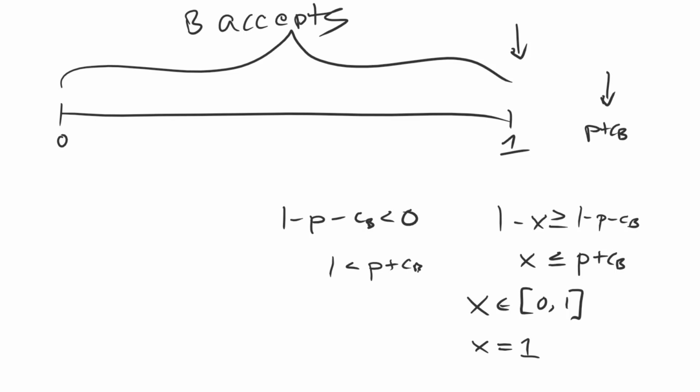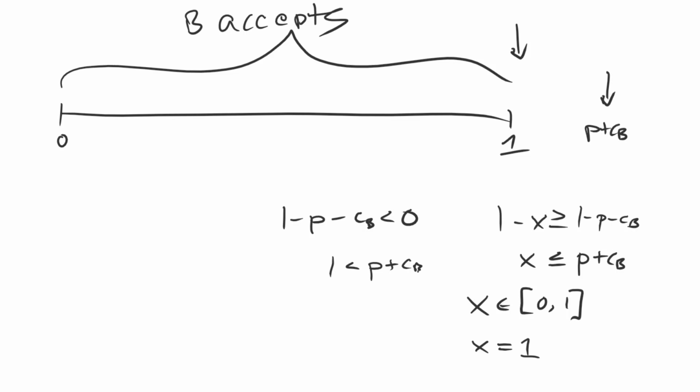Most importantly, you'll notice that if you make slight changes to P or CB, that does not actually change the equilibrium demand being made. If you make P slightly larger, that doesn't change that A is still going to demand X equal to 1. If you make P slightly smaller, still does not change the fact that A is going to demand X equal to 1. And same thing for slight changes to CB.